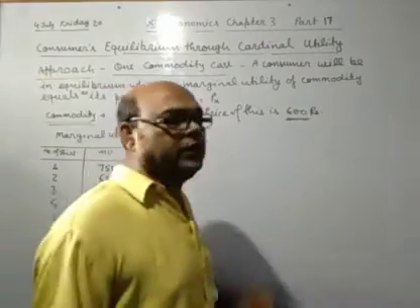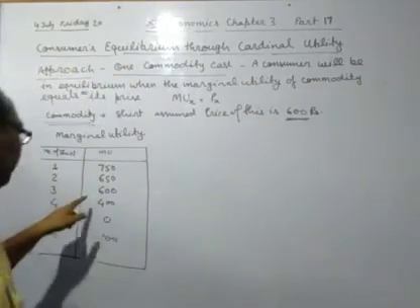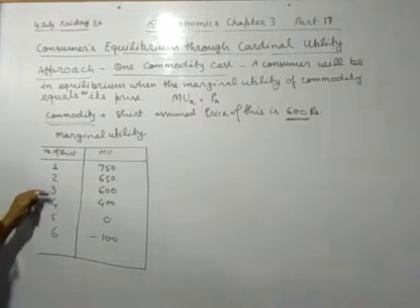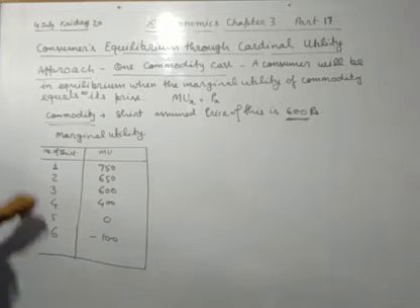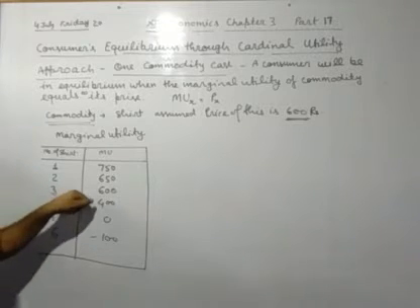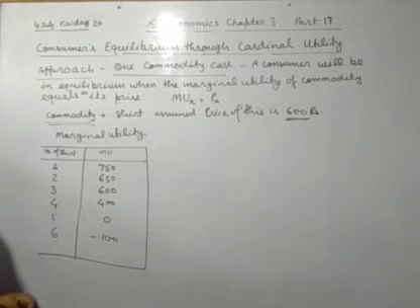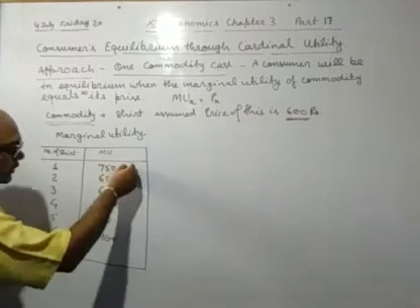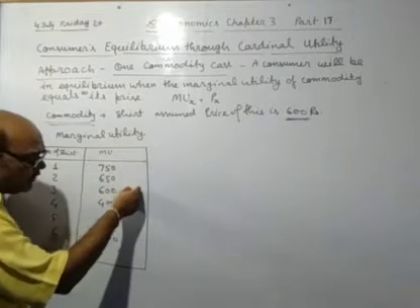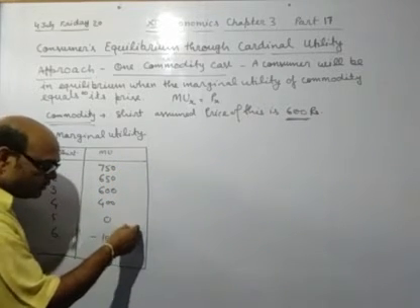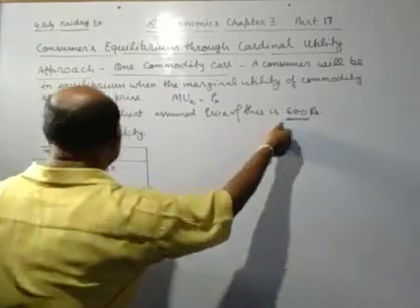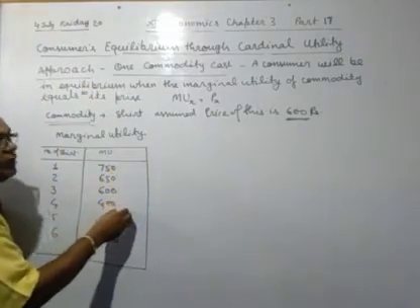Here the price is 600. I have taken it at the third place, but it is not necessary; it can be at the second or fourth, but at some place there should be 600. So two things to keep in mind. Utility you write in decreasing order, then 0, then negative. Second, the price should be among the marginal utilities.